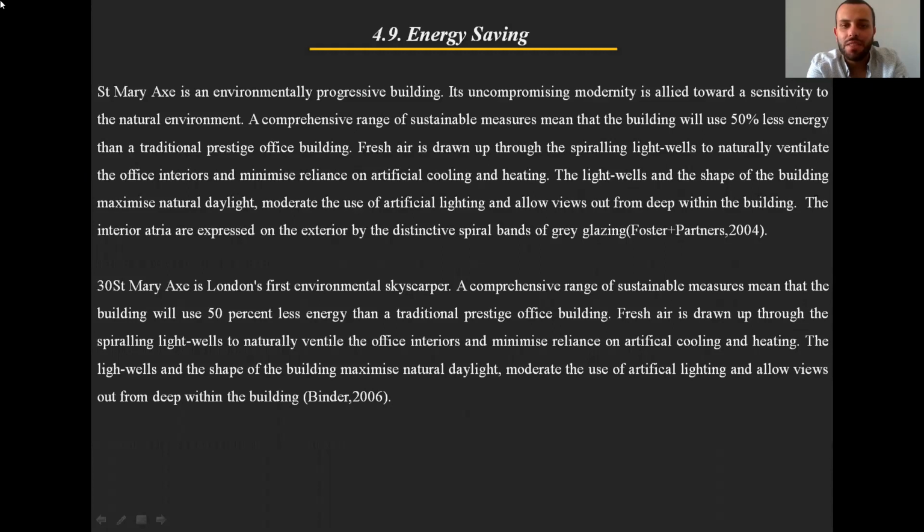Fresh air is drawn up through the spiraling light wells to naturally ventilated office interiors and minimizes reliance on artificial cooling and heating. The light wells and the shape of the building maximize natural daylight, moderate the use of artificial lighting and allow views out from deep within the building. The interior atria are expressed on the exterior by distinct spiral bands of gray glazing.